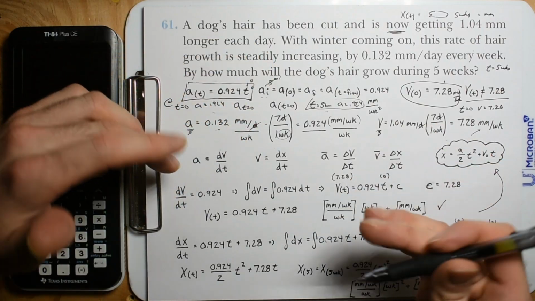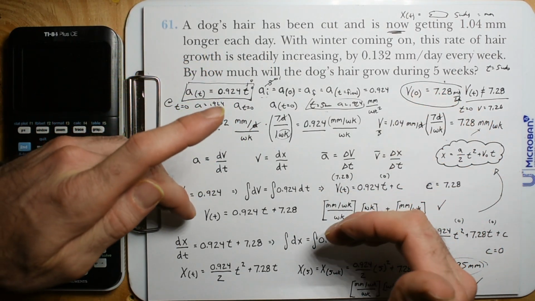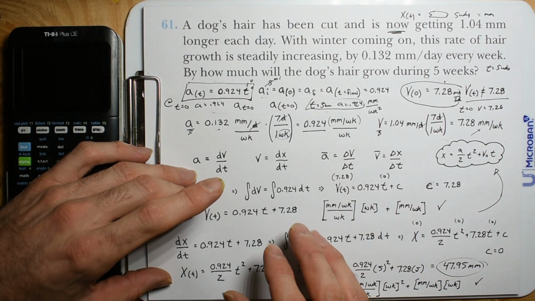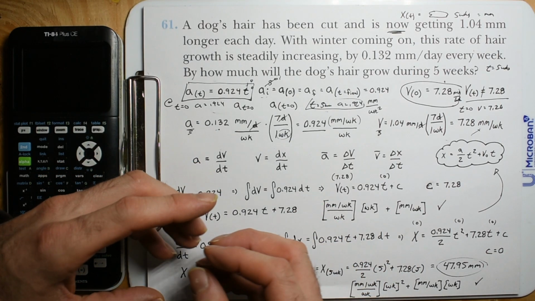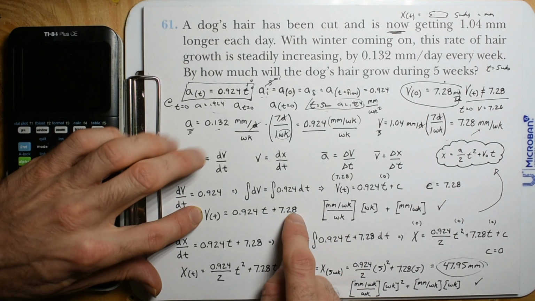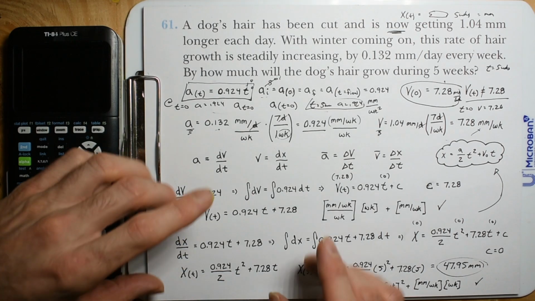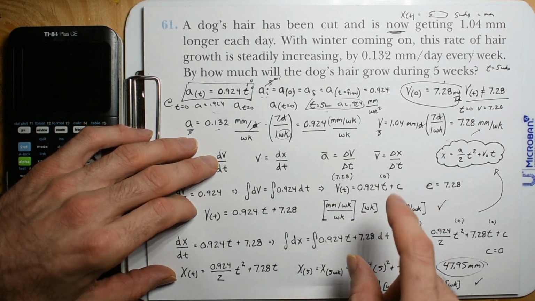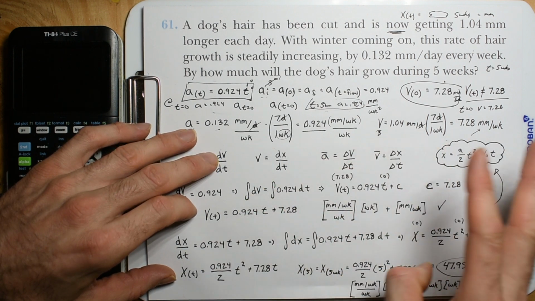The other cool thing about doing this process is that when we get these equations for velocity and position, experiment with them, because they're so cool. At any value of time you can find the velocity of the dog's hair. At any value of time you can find the position of the dog's hair. You can also point out when these equations are no longer useful.